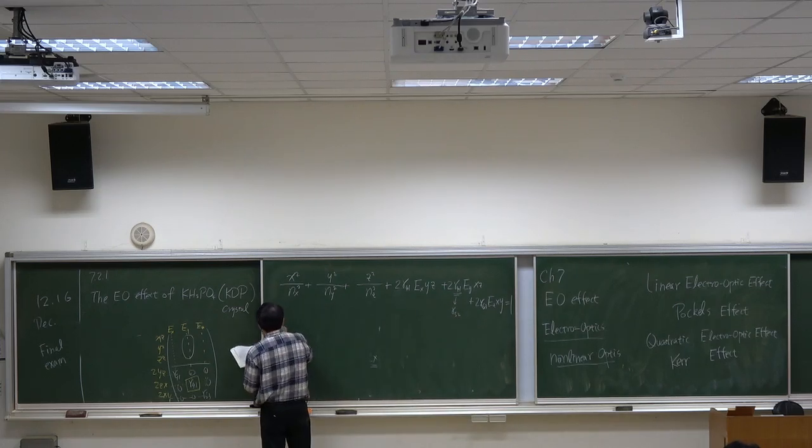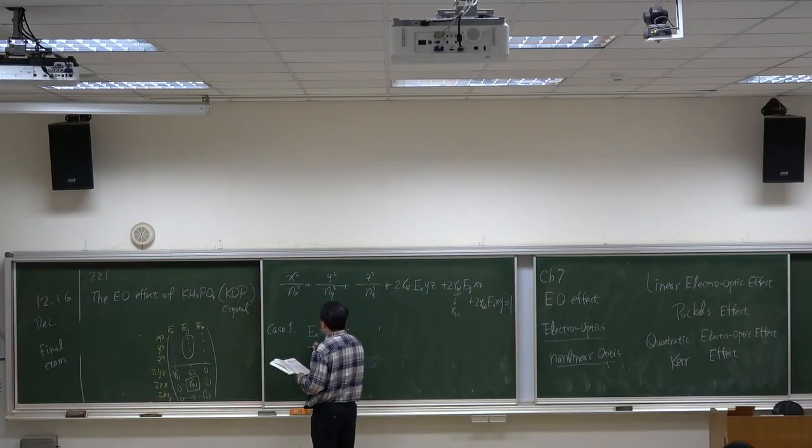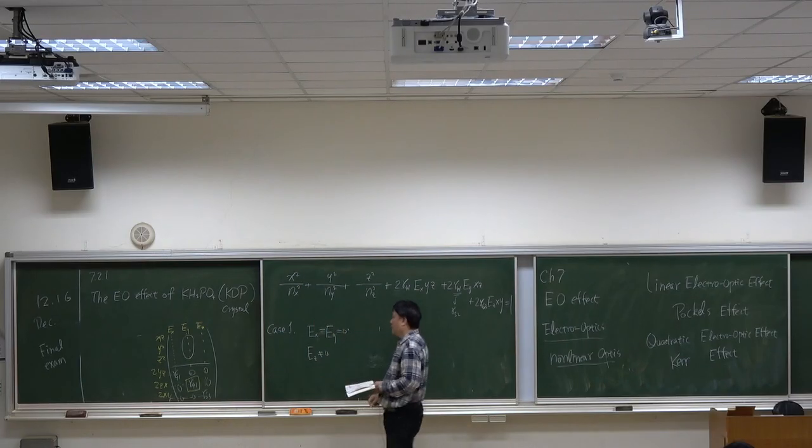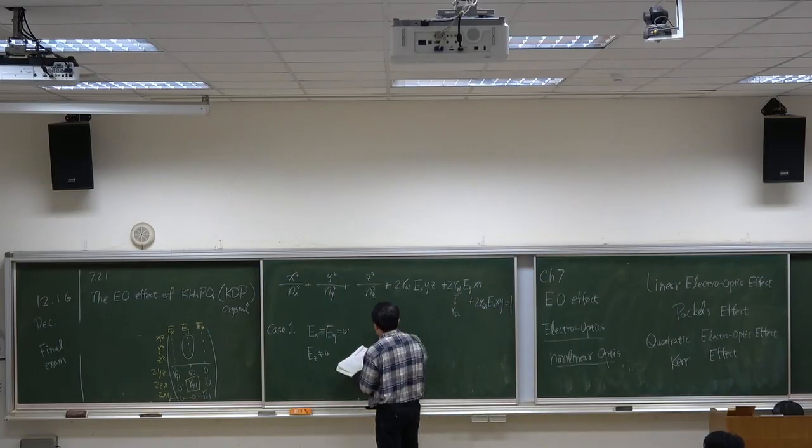Now we consider two special cases. Case 1: we choose EX and EY to be 0, and EZ is not equal to 0, which means we apply the electric field along the z-axis.